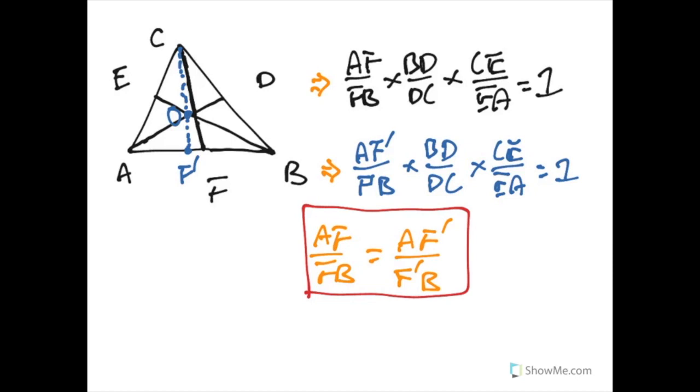And that means that F prime and F must be the same point. And since they are the same point, that means that CF must pass through the intersection of AD and BE, and so the three lines meet at the same point. And that proves the reverse version of Ceva's theorem.